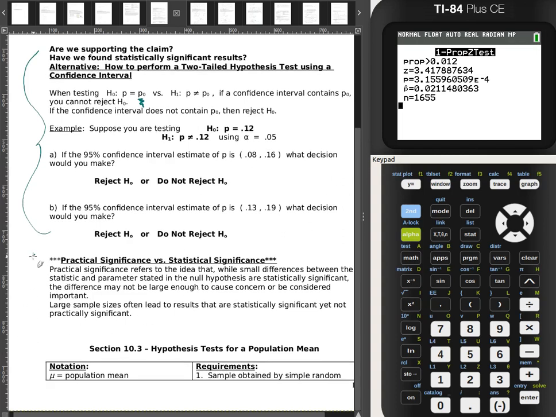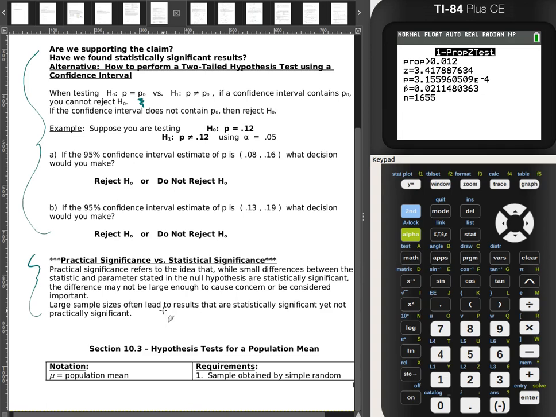And then this is something that we mentioned before, the difference between practical significance versus statistical significance. Statistical significance, we claimed, would be just any result that was significant based on the level of significance that we chose based on the alpha value. But when it's talking about something that doesn't make too much sense, like testing whether the proportion of M&Ms in a bag that are green is more than 10% or something, it doesn't really matter.